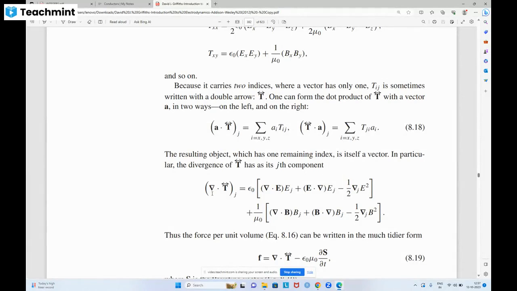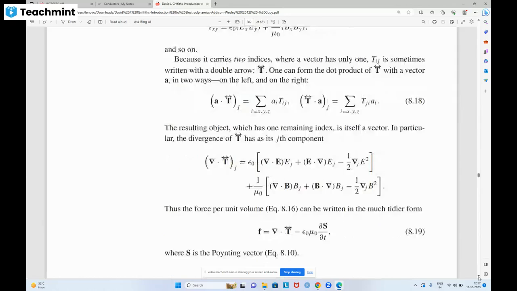So the divergence of T can be expressed as epsilon 0 [divergence of E into E_j plus E dot del into E_j minus half of del_j E square] plus 1 upon mu 0 [divergence of B into B_j plus B dot del into B_j minus 1 by 2 del_j B square].